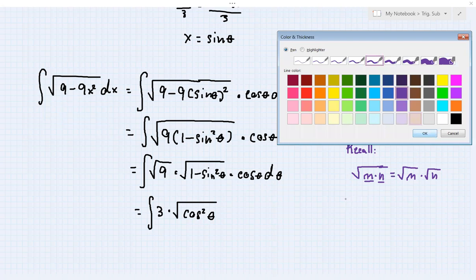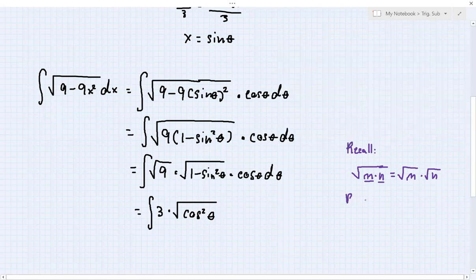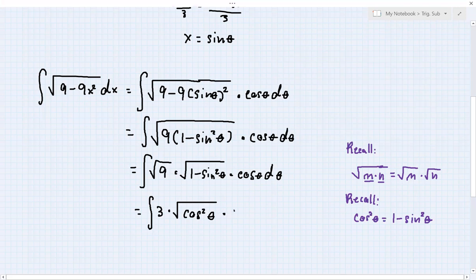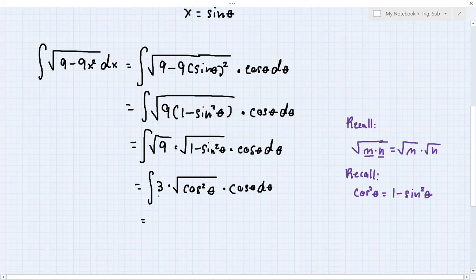Because recall again that cosine squared theta is equal to 1 minus sine squared theta. So that's it. Now, let's go back to cosine theta and d theta.